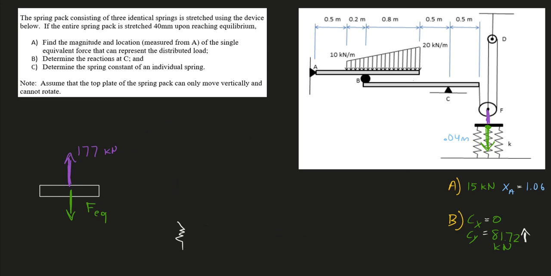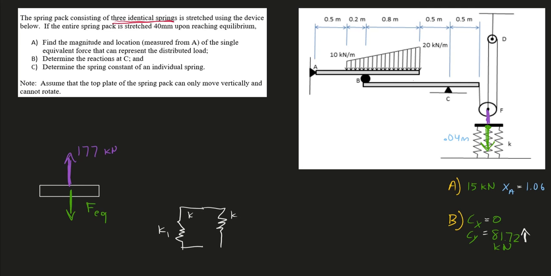So each one of these springs, horribly drawn, are in parallel. So here's K1, K2, K3. The question says that we have 3 identical springs. So I'm just going to call them all K.